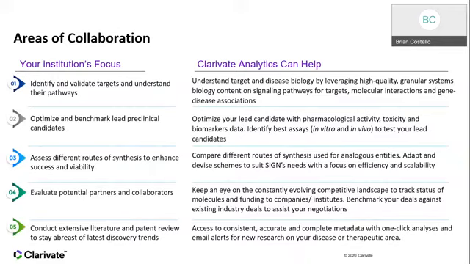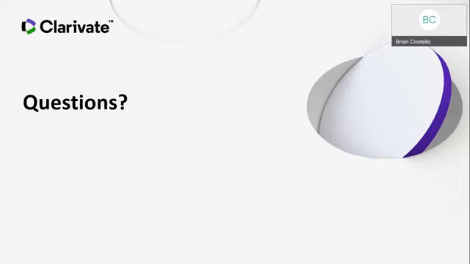You can keep an eye on the constantly evolving competitive landscape. We have a lot of pipeline data also. So this is a very small introduction to CDDI. I will show some examples on the live platform too, but we will be covering all of that in more detail in part 2 of the webinar series.